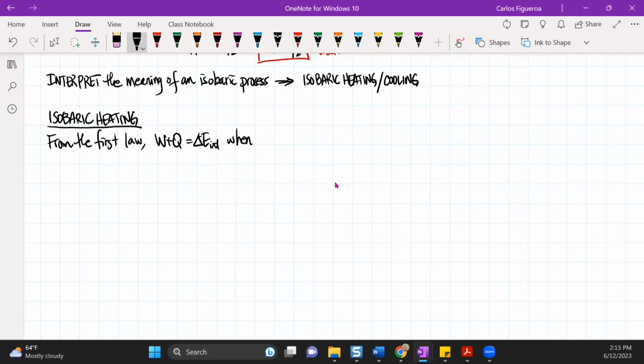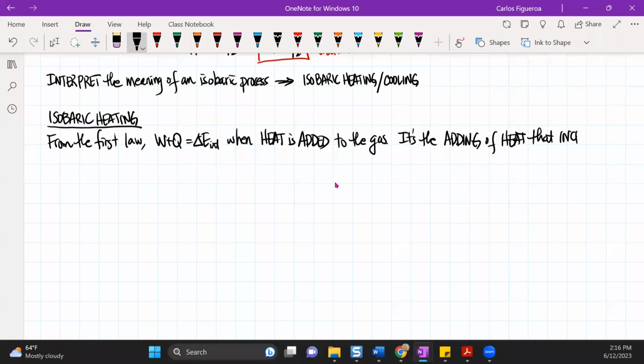When heat is added to the gas, it's the adding of heat that increases temperature.